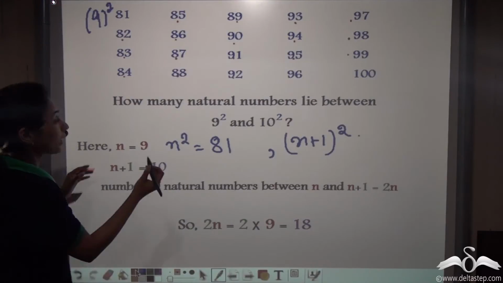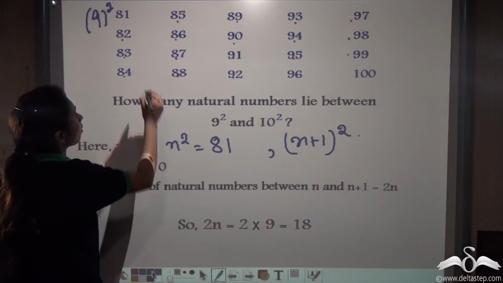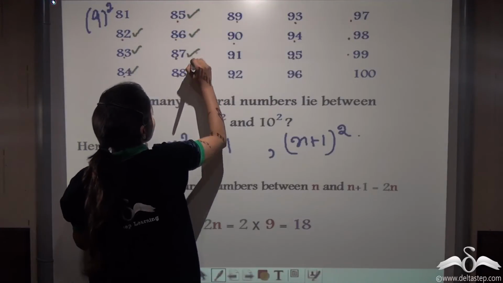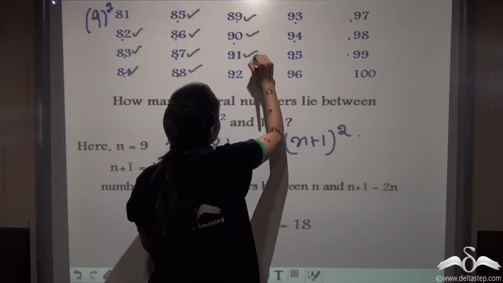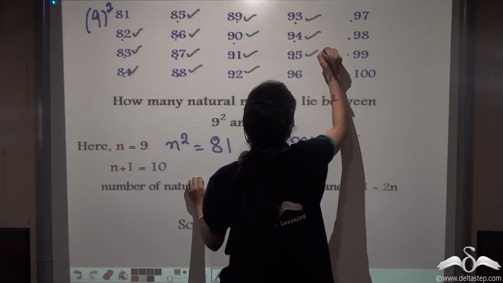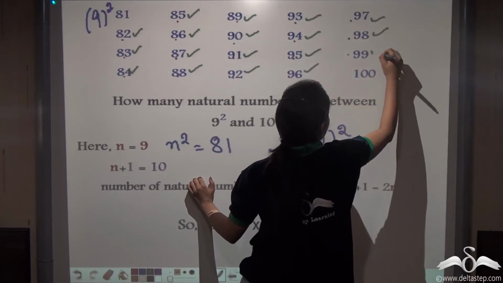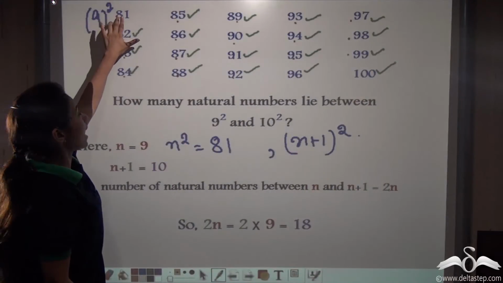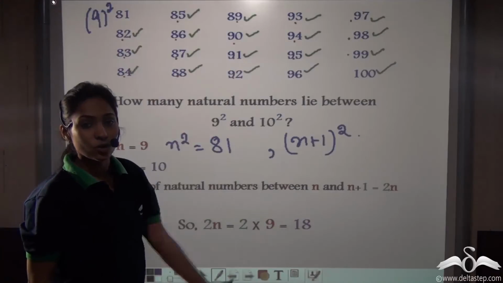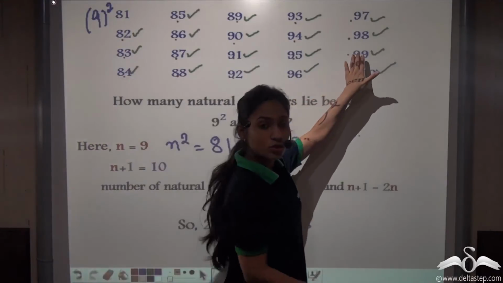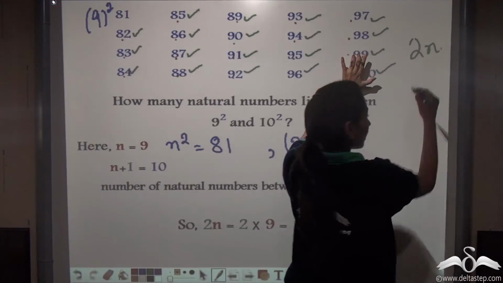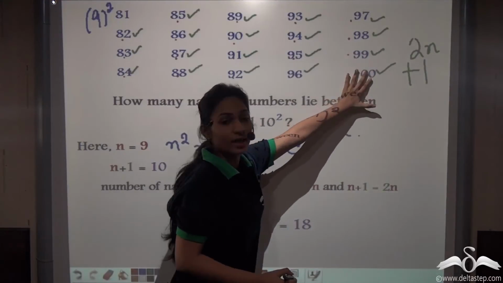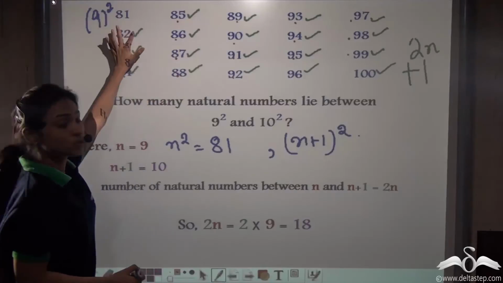Let me see. Again, start counting. 1, 2, 3, 4, 5, 6, 7, 8, 9, 10, 11, 12, 13, 14, 15, 16, 17, 18, 19. So adding 19 numbers to this n square will give me n plus 1 whole square. Till here it was 2n. We had already counted. Now adding one more, that is 19 numbers, will give me 10 square.